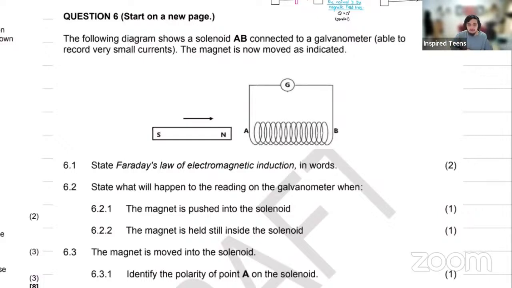Anyone else? Are you guys awake? What happens when the magnet is pushed into the solenoid? Remember, it's outside and now it's going to be moved into the solenoid. What happens to the reading on the galvanometer as it's pushed in?